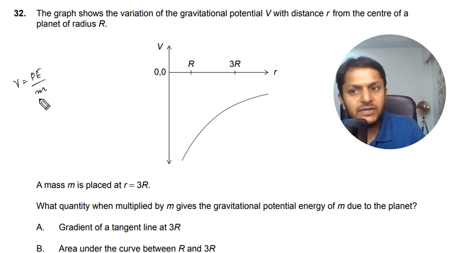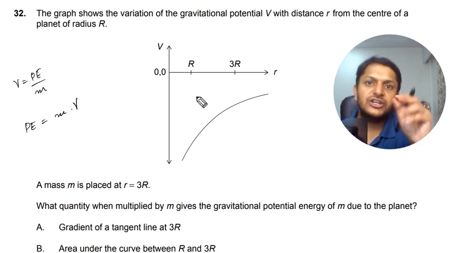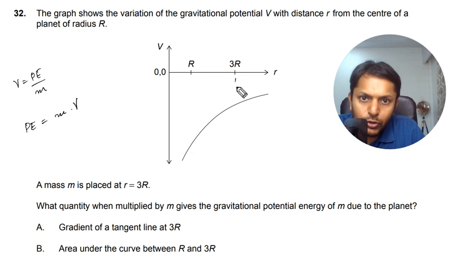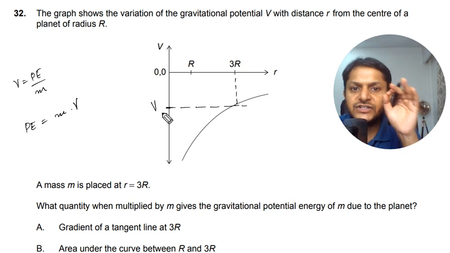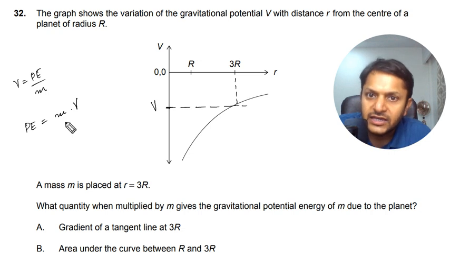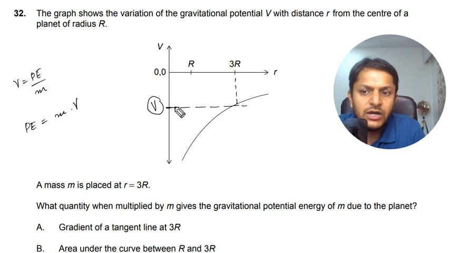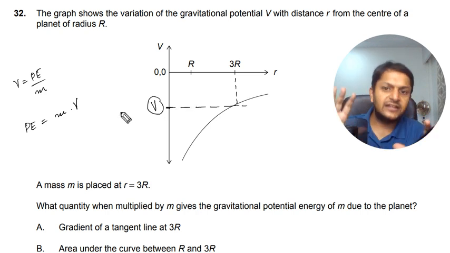So V equals PE by m. To find the potential energy, the mass has to be multiplied by the potential at that point. So this is the potential at the point 3R, and the potential energy will be m times V. You find V here and multiply with m, and you would be finding the potential energy. I think that gives our answer.